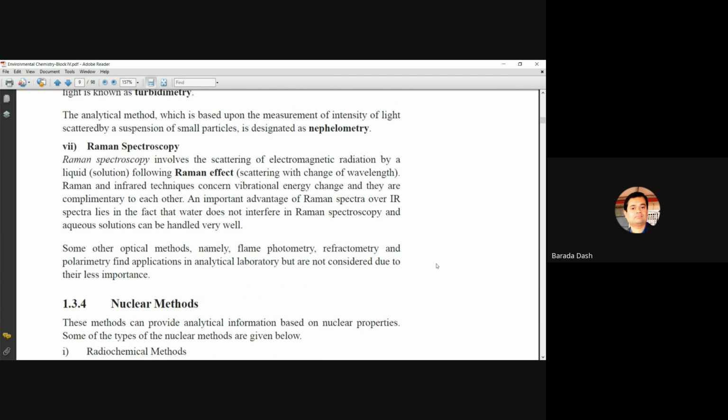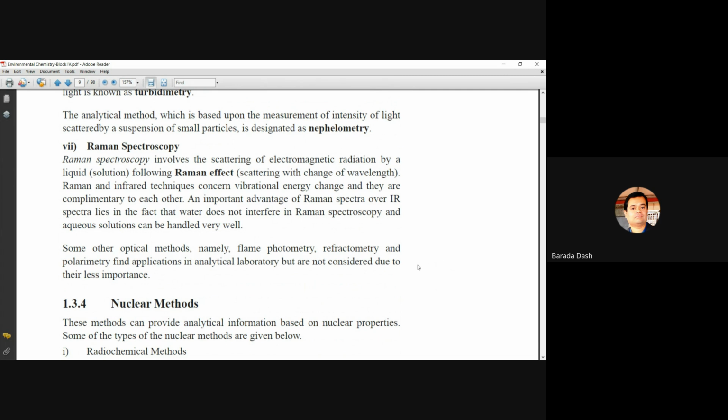If a molecule has a change in dipole moment, it will be IR active. If the molecule doesn't have a change in dipole moment, it will be Raman active.